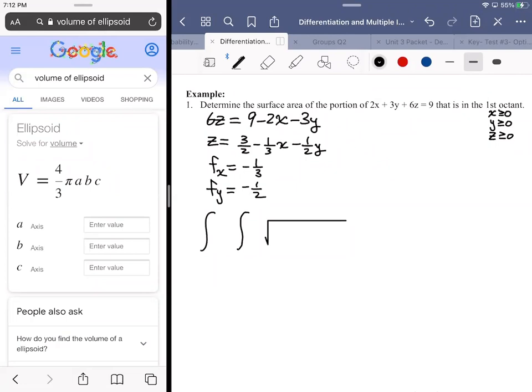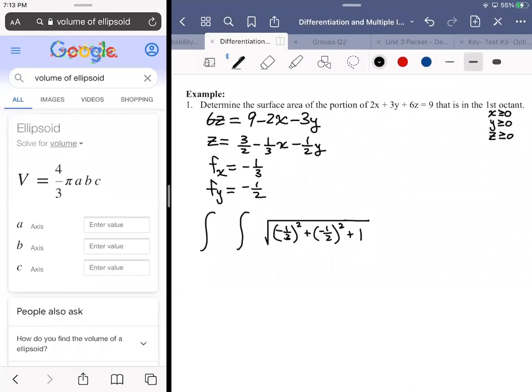So we're looking at negative 1/3 squared plus negative 1/2 squared, plus 1, under the radical. At this point, we want to make a decision based off of the integrand we have here.